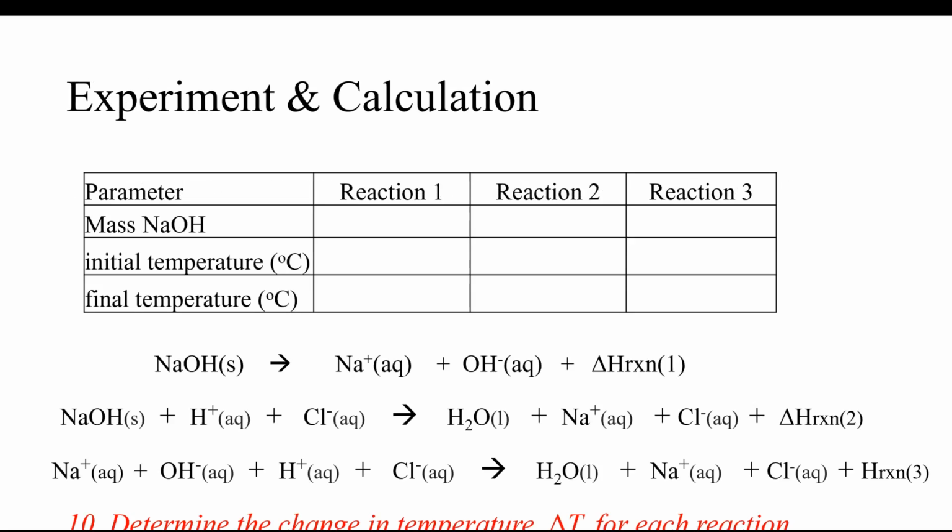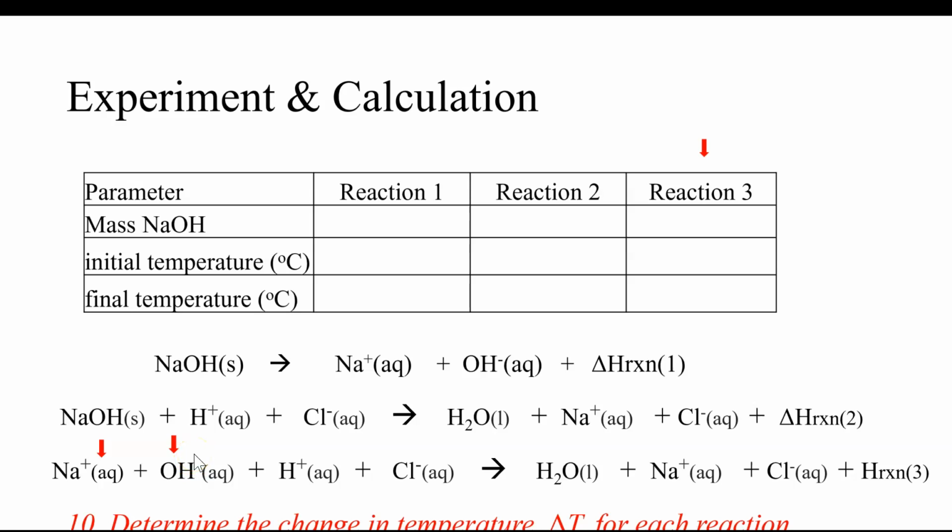In this table, as you start the experiment, you collect data, your mass of sodium hydroxide. You weigh it out and record everything you read from the balance display. Notice that sodium hydroxide in reaction 1 is solid, reaction 2 is also solid, but reaction 3 is liquid.